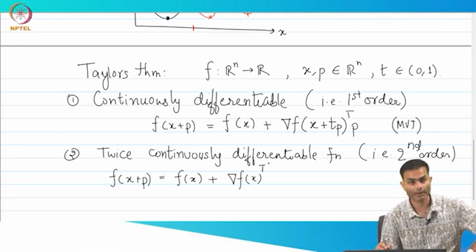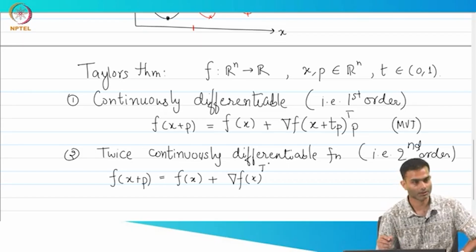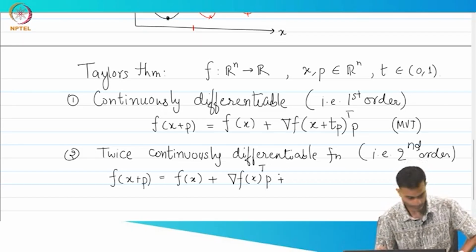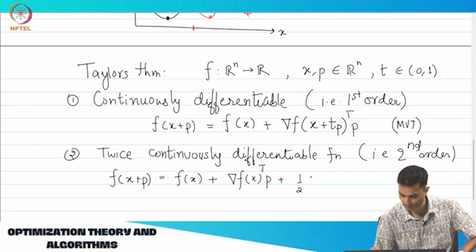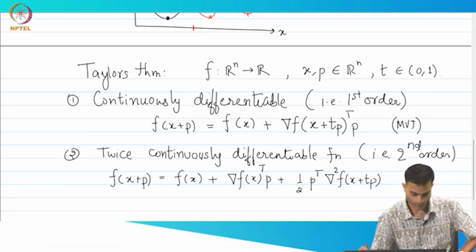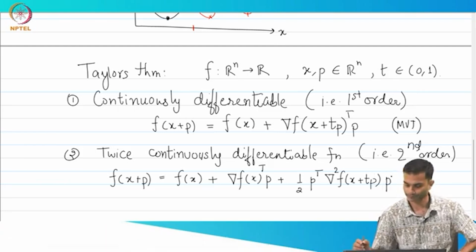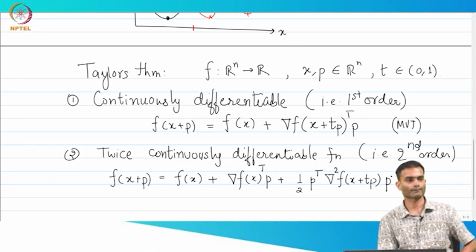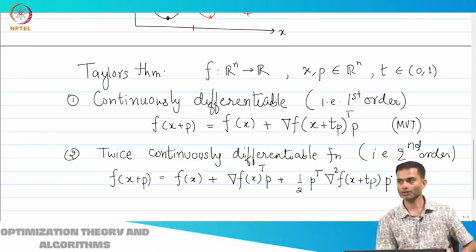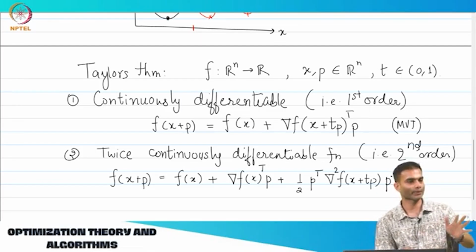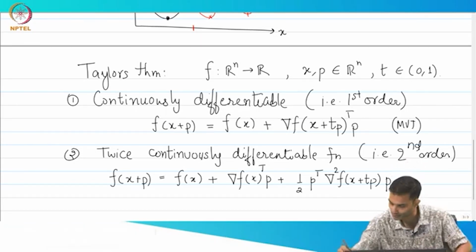This time it's the derivative at x, not x plus anything. And then the second term, there comes a half p transpose Hessian at x plus tp. So I'm stating this without proof, but this follows straight. The expression looks just like the expression for the scalar function case.